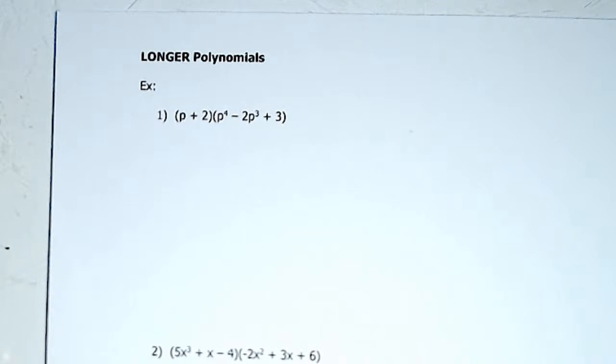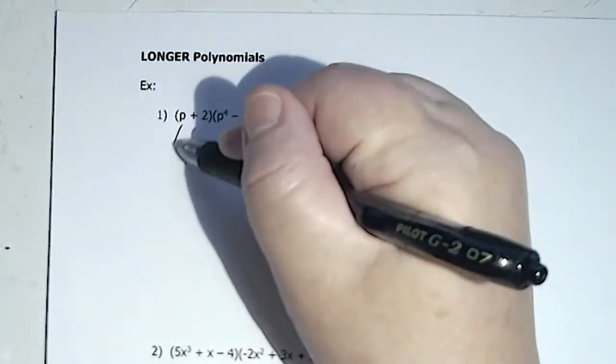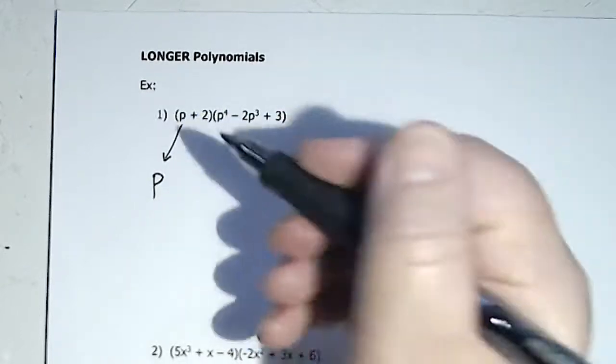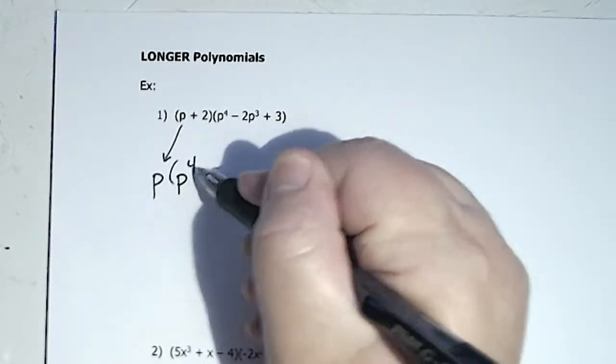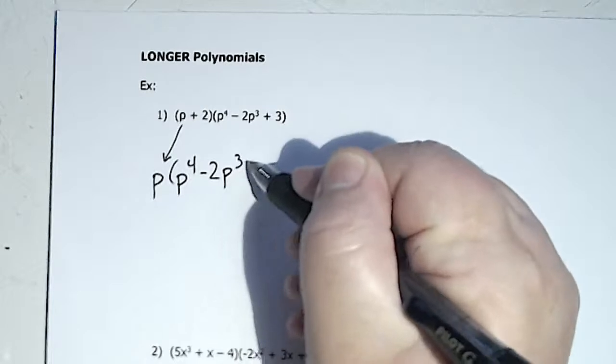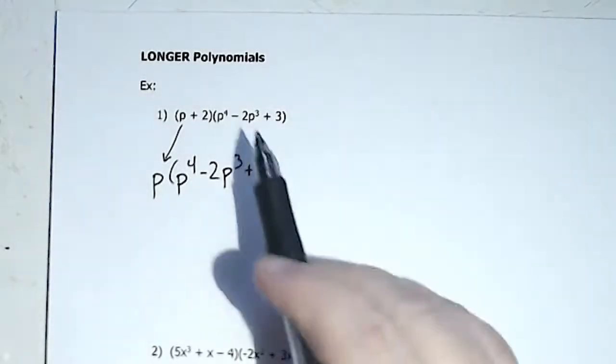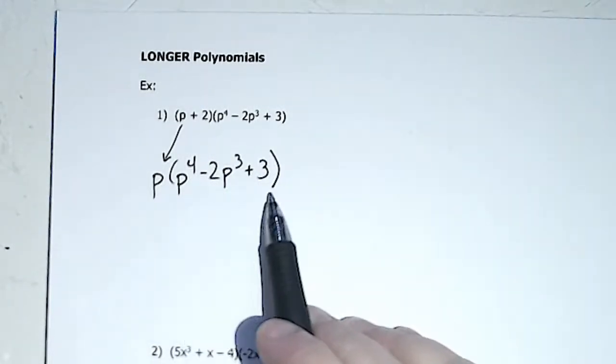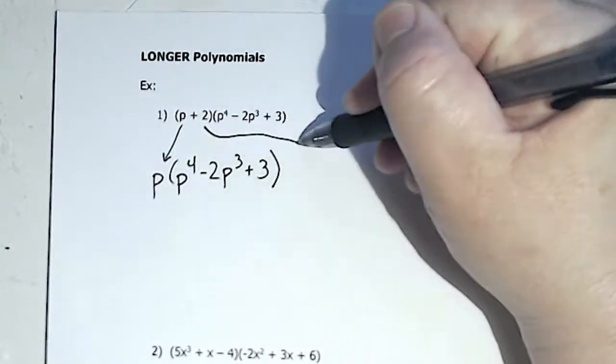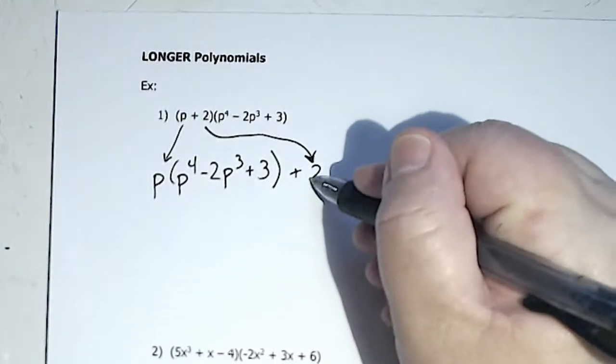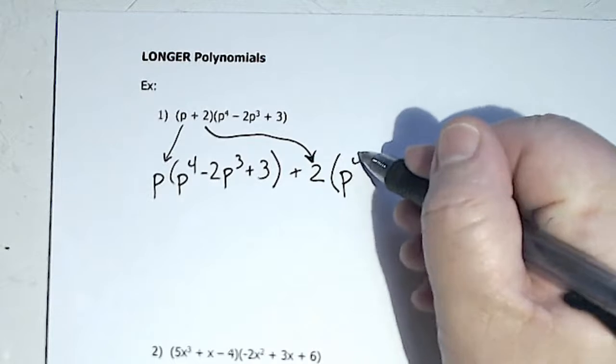Oh my gosh, bad habit. I'm going to take the first polynomial and split it into 2 pieces. So the p comes over here. And I get the whole second polynomial. And then the 2. And the whole second polynomial.